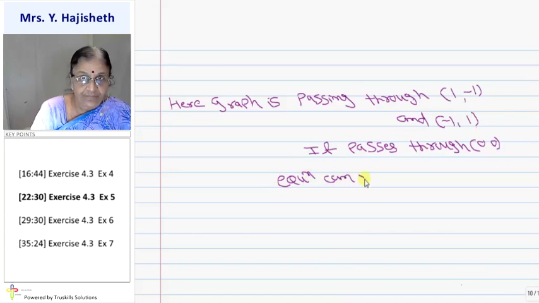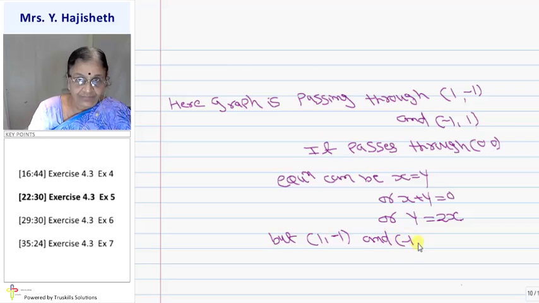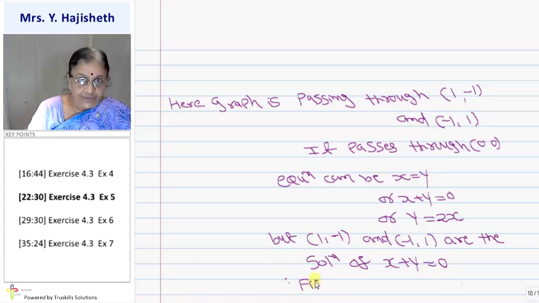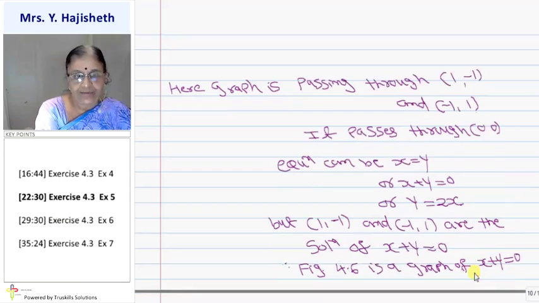The equation can be y is x, or x plus y is 0, or y is 2x. But (1, -1) and (-1, 1) are solutions of x plus y is 0. Therefore, figure 4.6 is the graph of the equation x plus y is 0. Okay. Now next, another graph.